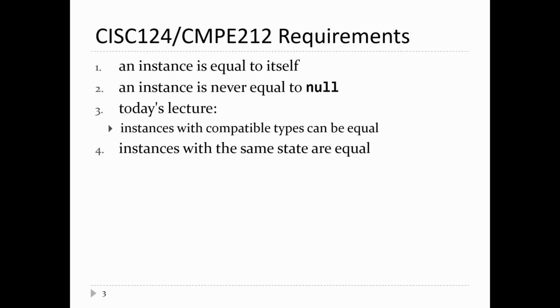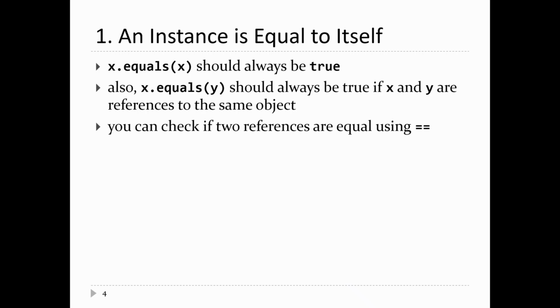Furthermore, we never throw an exception if null is the argument to equals. Now, instead of objects having the exact same type to be equal, we want objects with compatible types to be equal, where compatible means they are related by inheritance. Finally, we want objects with the same state to be equal.